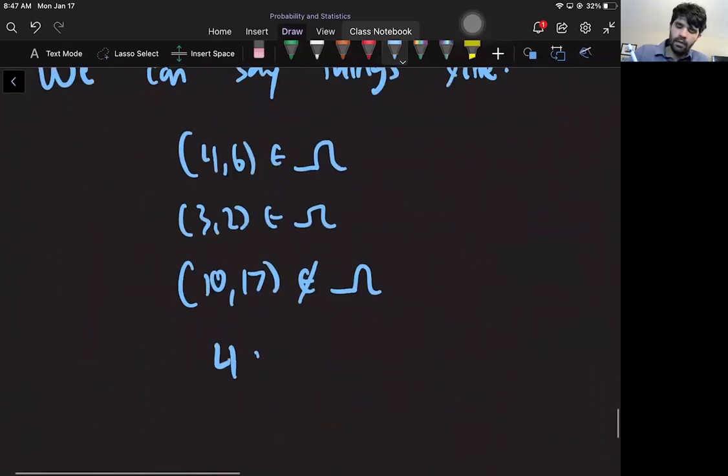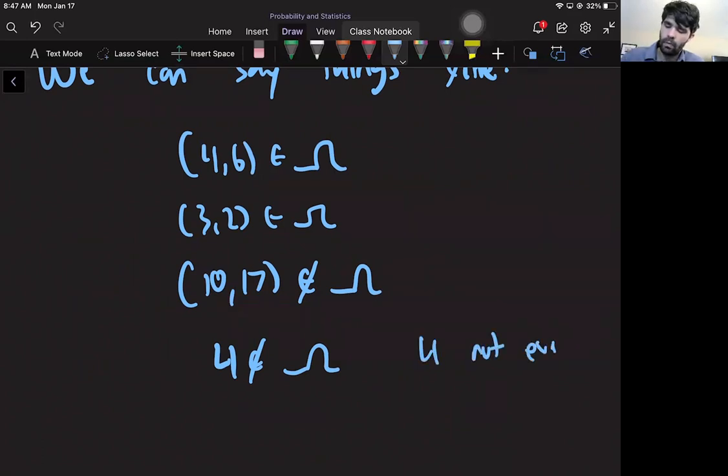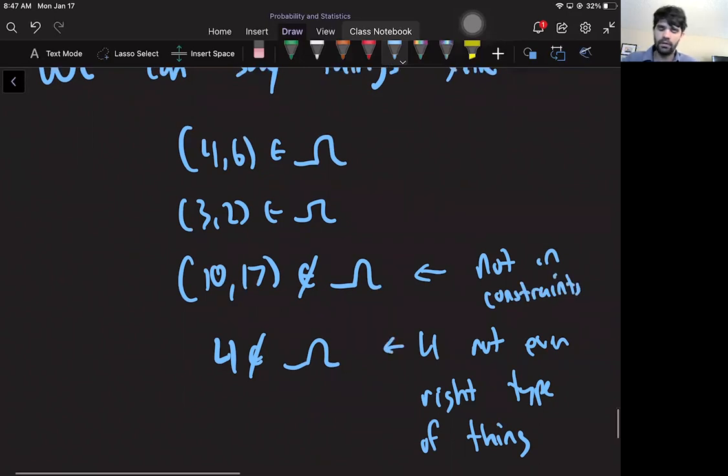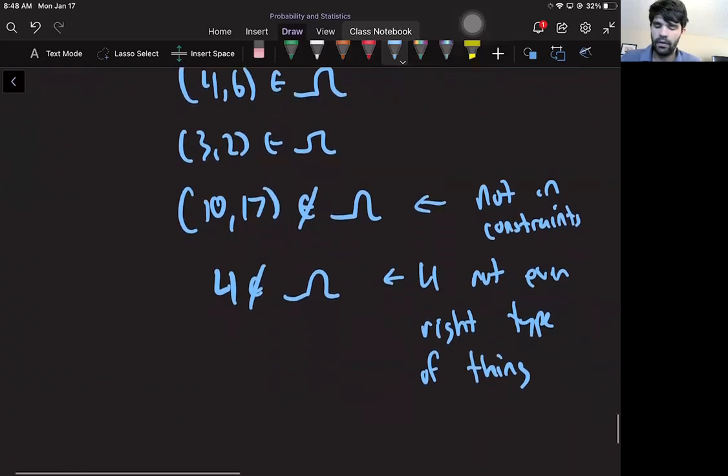But then just the number 4 is not in there. And it's even worse, it's not even the right type of thing to be in there. Meanwhile, although 10, 17 is the right type of thing, it's not in the constraints. So there's 2 ways you could not be in the set, and these are the 2 ways.